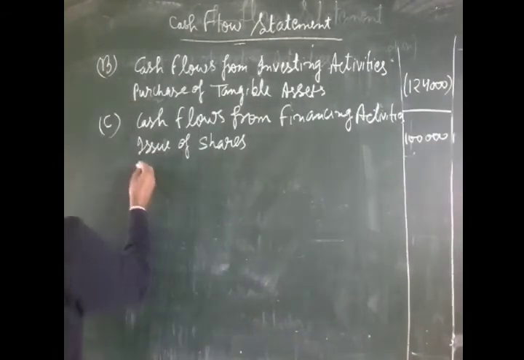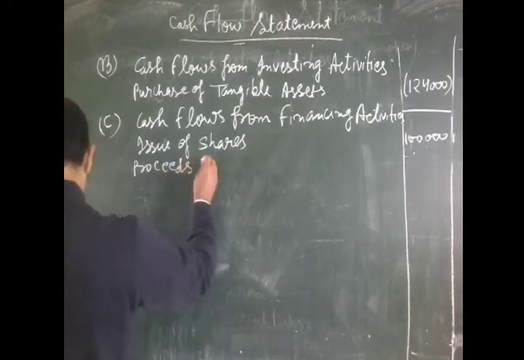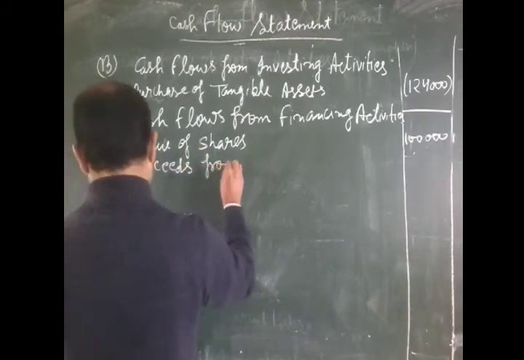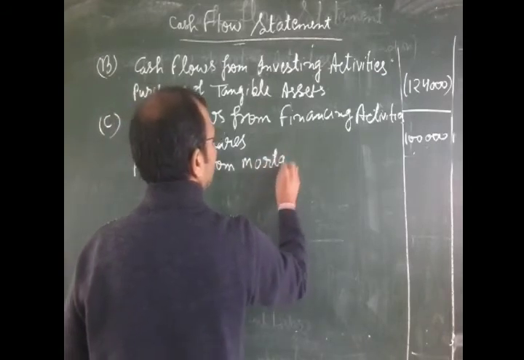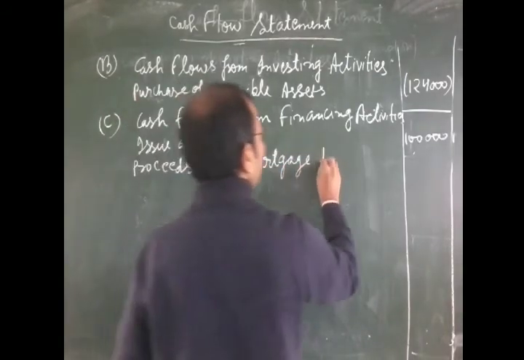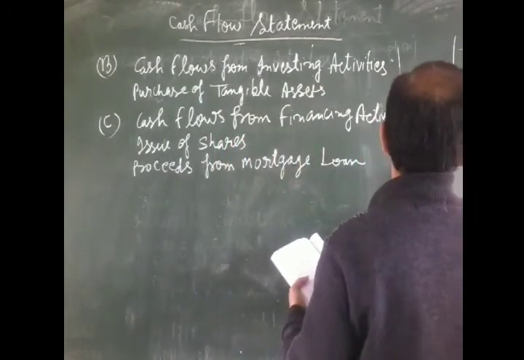The second is proceeds from mortgage loan, and the amount is given 30,000.